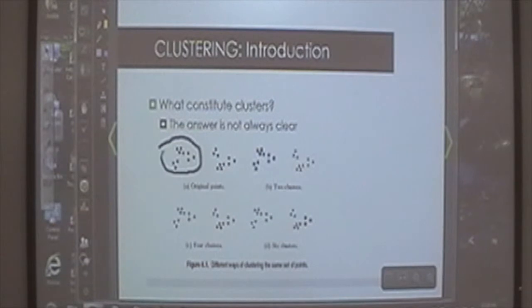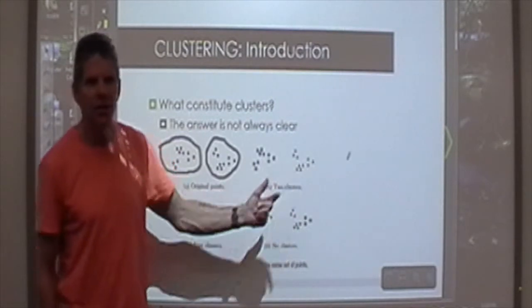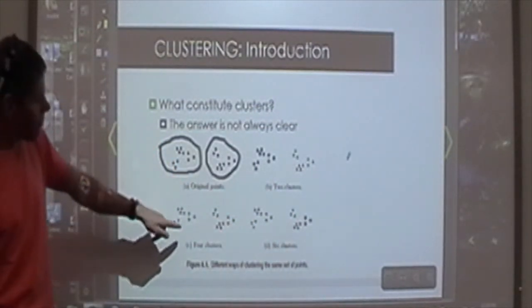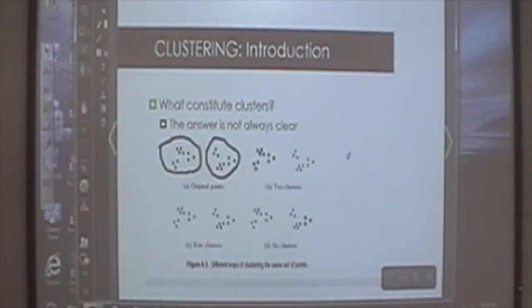So it looks like there's a cluster there and a cluster here, right? And that's what you see in part B, you've got these two clusters. But that's if you divide it into two clusters. Notice in part C, they've actually divided it into 4 clusters.